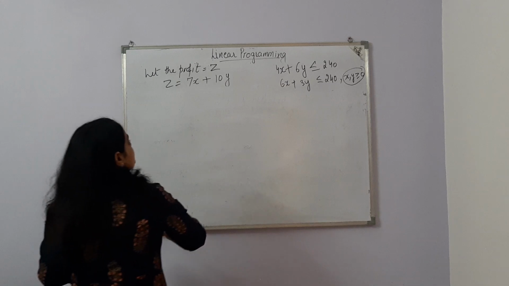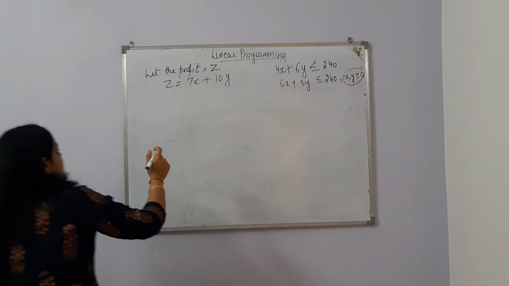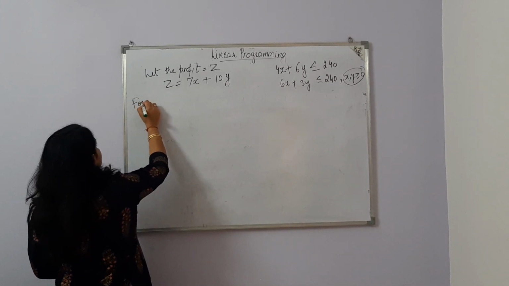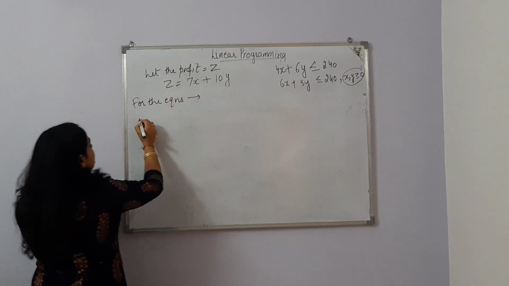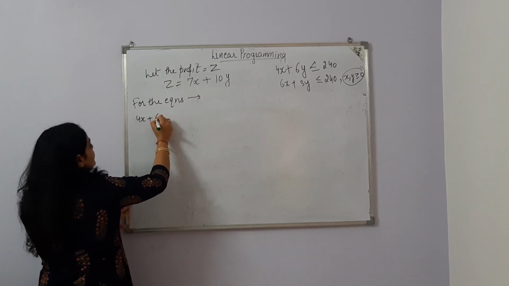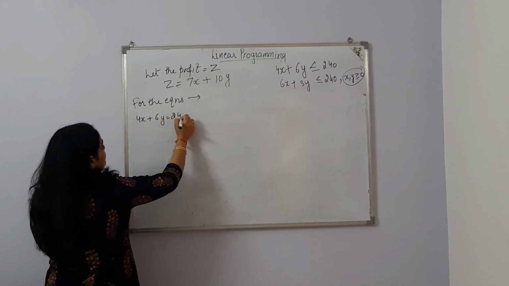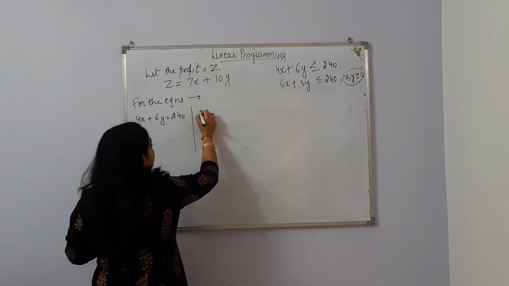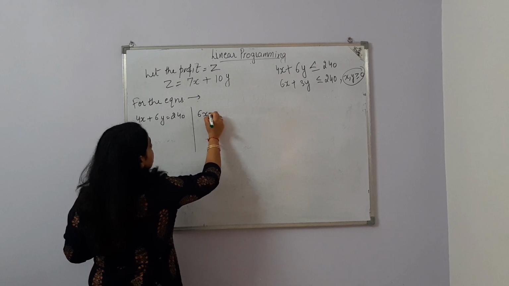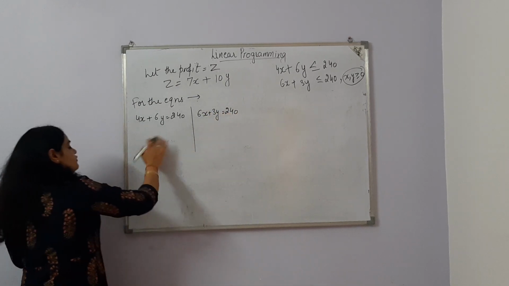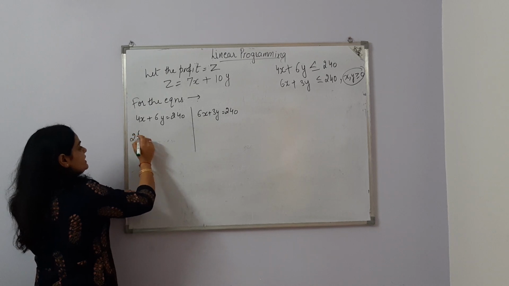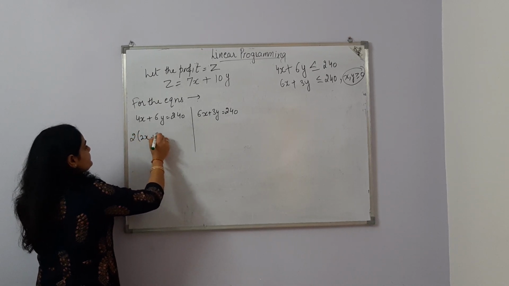Now we have the constraints for the equation: 4x plus 6y equals 240 and 6x plus 3y equals 240. In the first, we can take 2 as common.